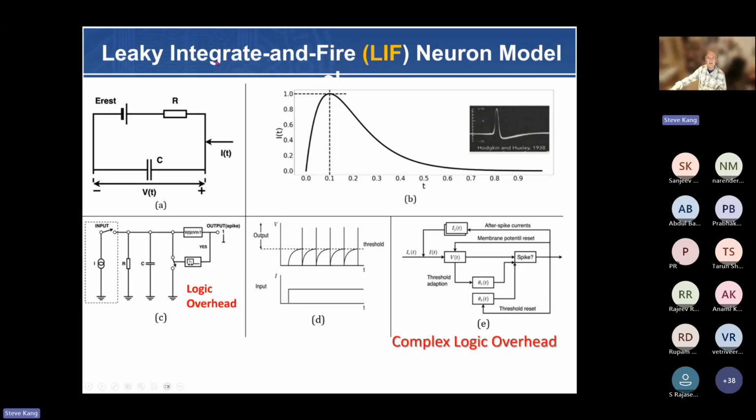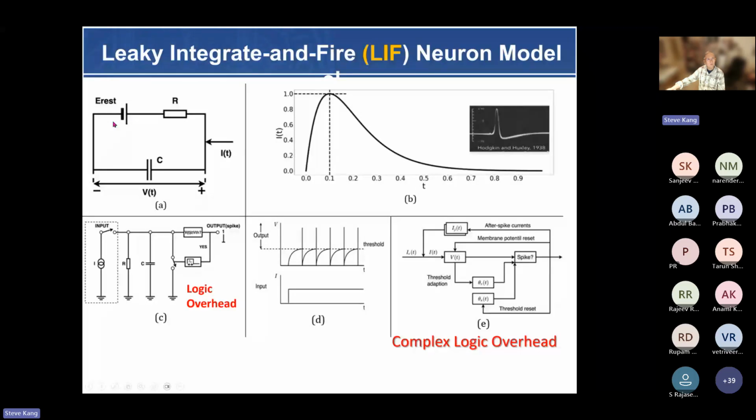The leaky integrate-and-fire neuron model is like here. You have a resistor, a DC source for resting potential, and the capacitor. So current comes in, it charges the capacitor, and then it gets discharged.